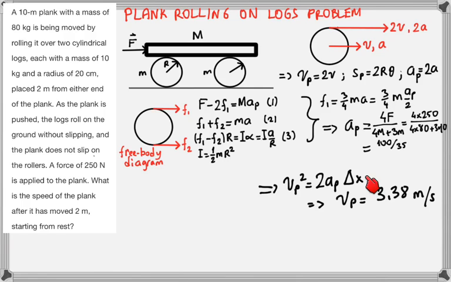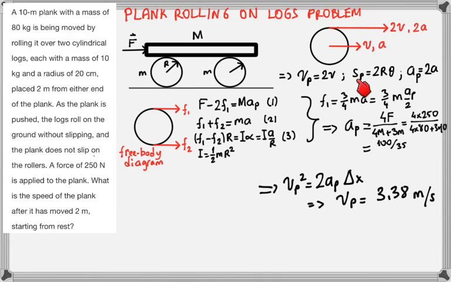And we will apply this formula to find the velocity, but before that we have to find the acceleration of the plank. That's something I have shown as AP. P stands for plank. This is the top rectangular object. The speed of the plank must be twice the speed of the center of mass of the rollers.